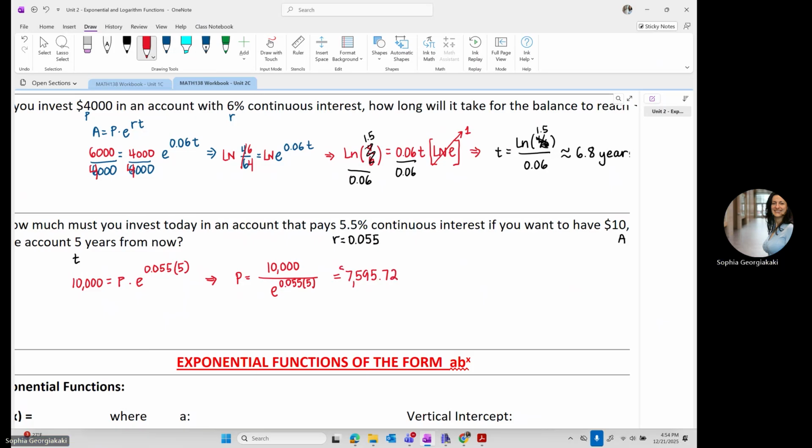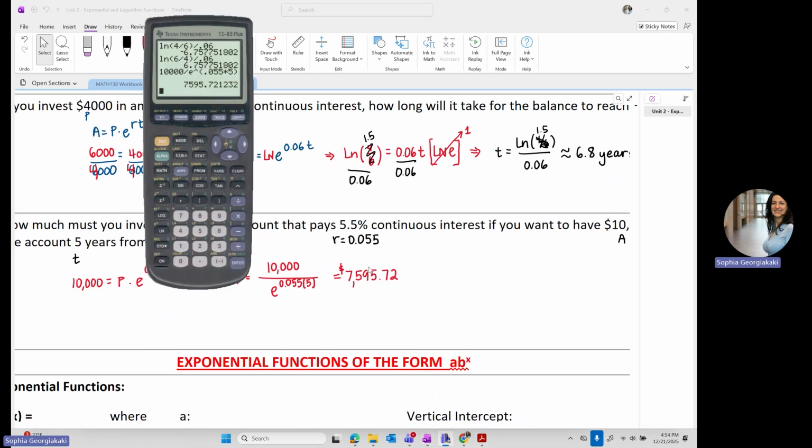So these are in dollars. Don't forget the units when you are writing answers to applications. 7,595.72. And that's how we will do compounding interest problems.